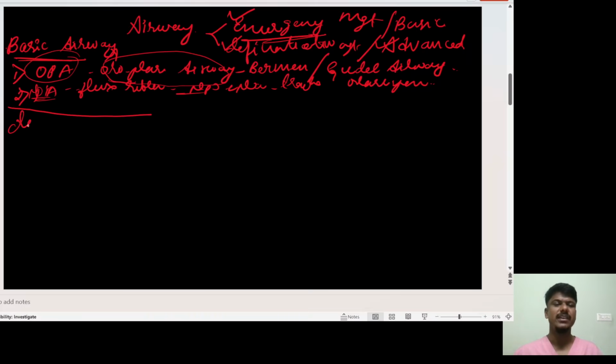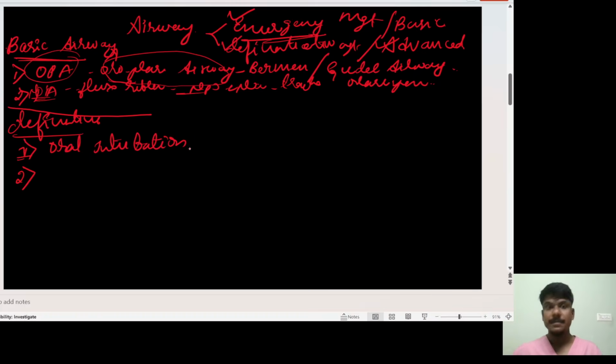Coming to definitive management of airway, after stabilizing all these things, what are you going to do? You do oral intubation: you take the endotracheal tube and place it inside the trachea. Orotracheal intubation, in short, endotracheal tube.